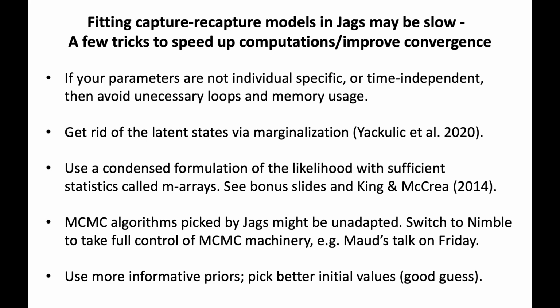And the other thing is, if you want to reach better convergence, you might want to use more informative priors or pick better initial values. That one is really good advice. Not from me, it's something that has been advised by several people. So pick better initial values for the algorithm.